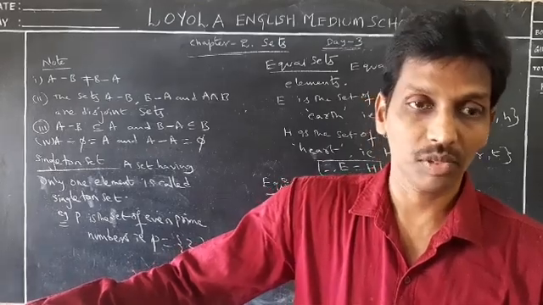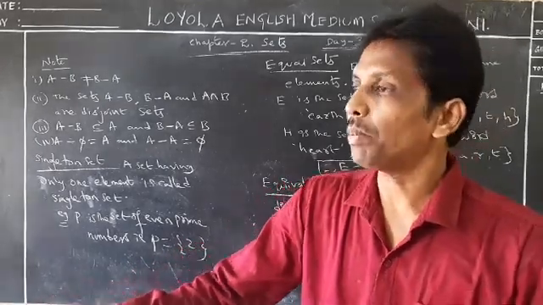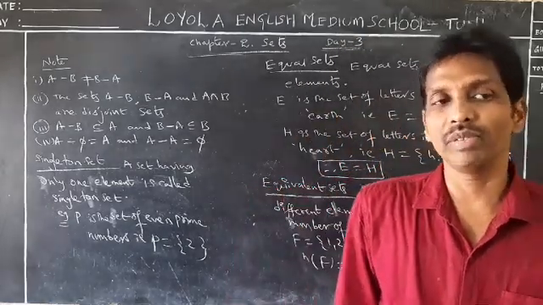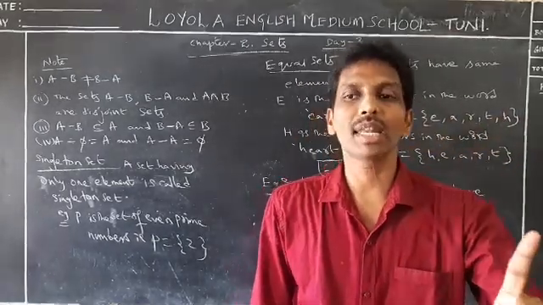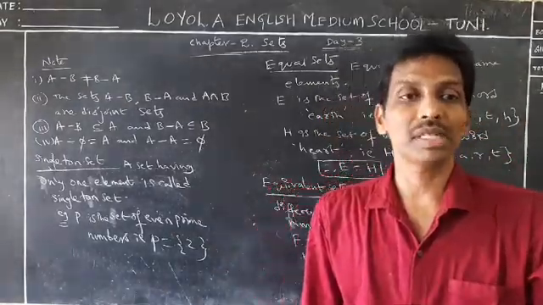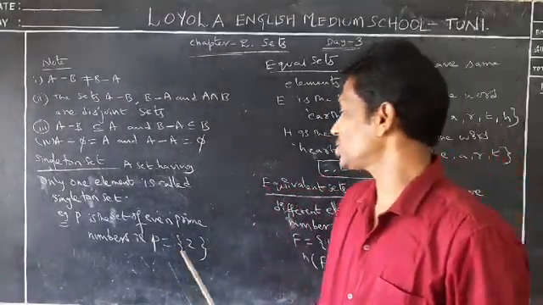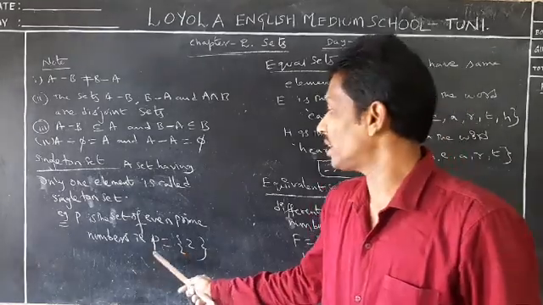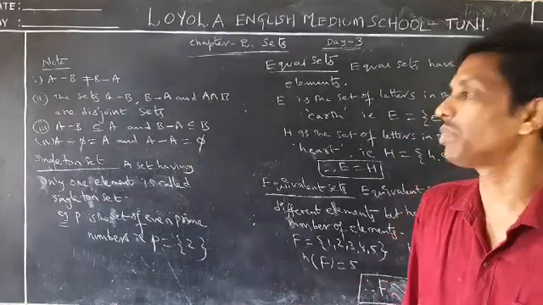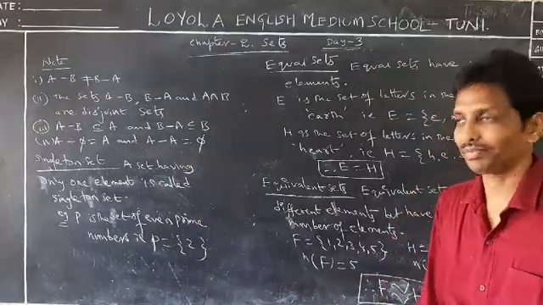Among all the prime numbers, how many even numbers do we get? Only one even number. That's why the even prime number is only 2. So the set of even prime numbers is the best example for a singleton set.